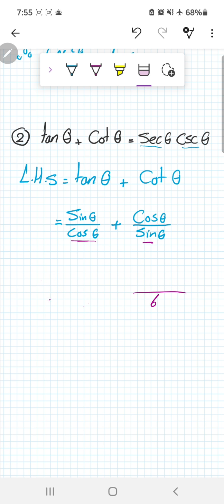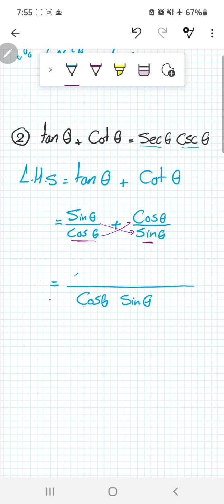Here it is similar. We also have different denominators, so write a big fraction, cosine theta times sine theta, and make cross multiplication. Sine theta times sine theta plus cosine theta times cosine theta.